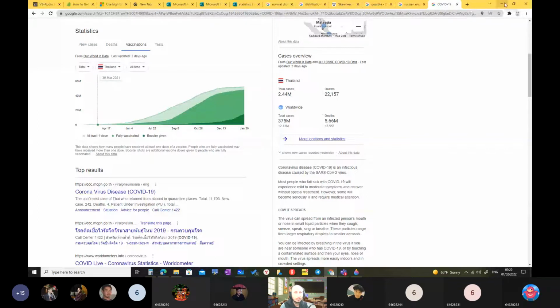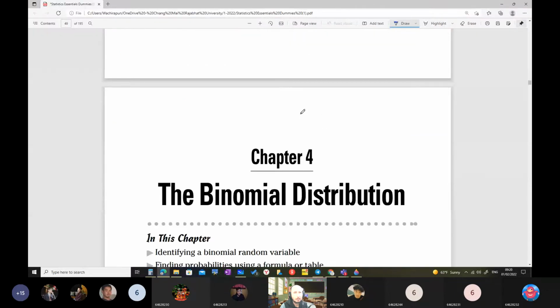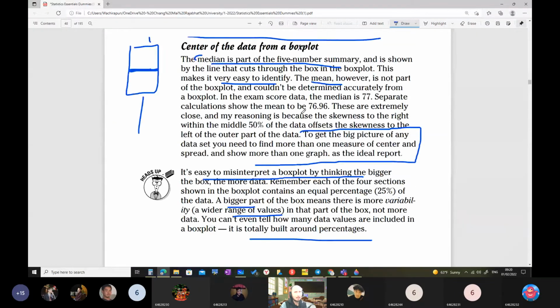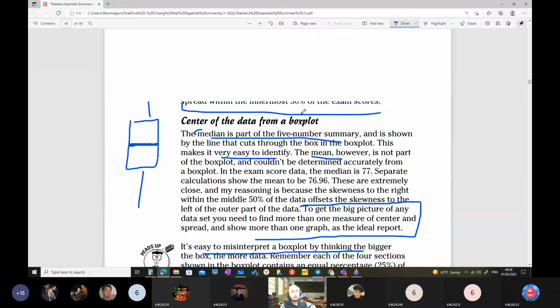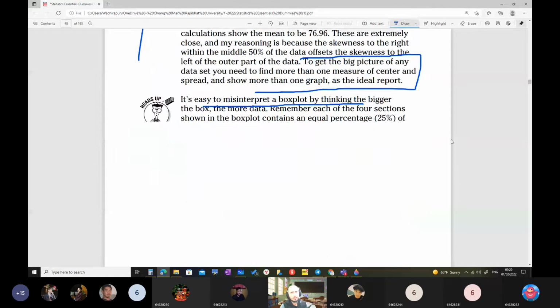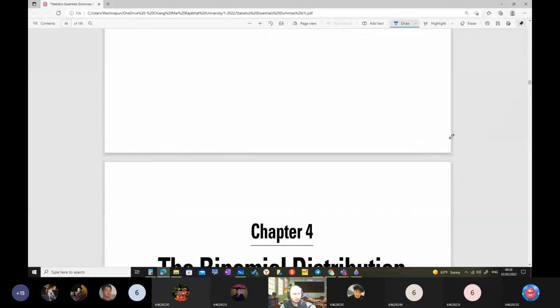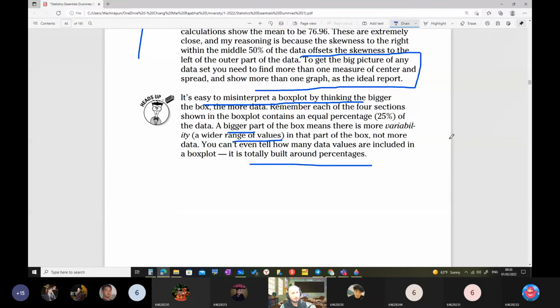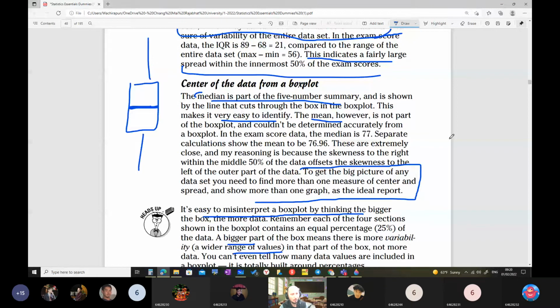Okay, so let's go back to the book. This chapter: pie chart, bar chart, right? There are several of them, and you decide which one you want to use.